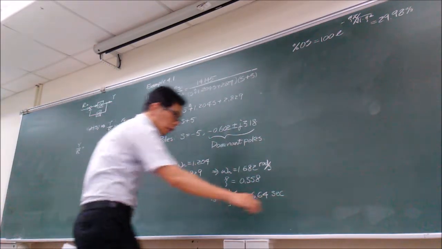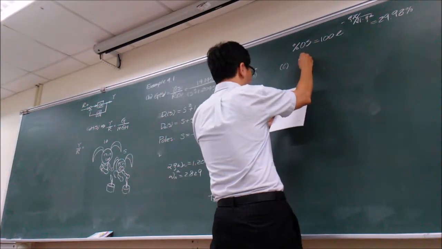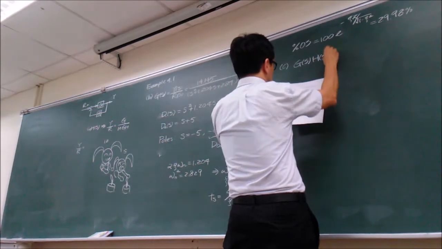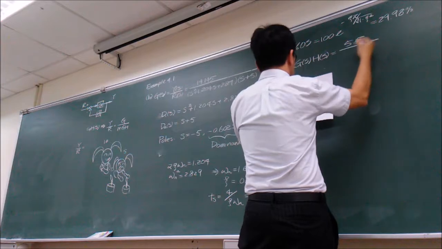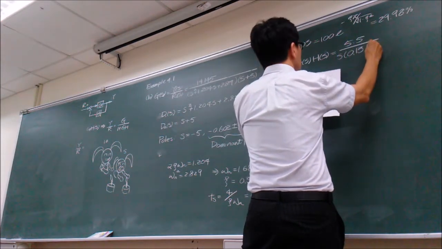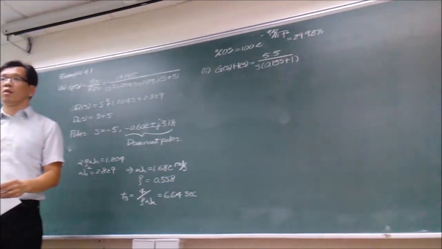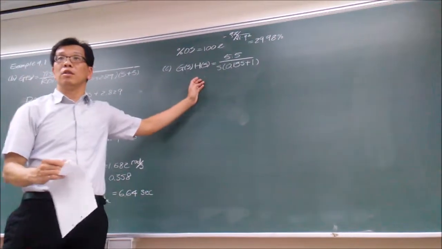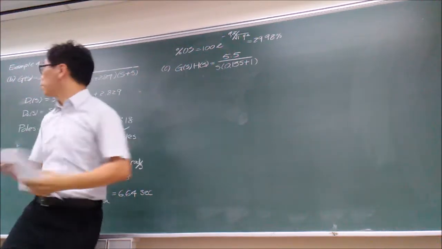Okay, then part C. We are given, what are we going to do? Is this one the relationship between input and output? No, this is just part of it.